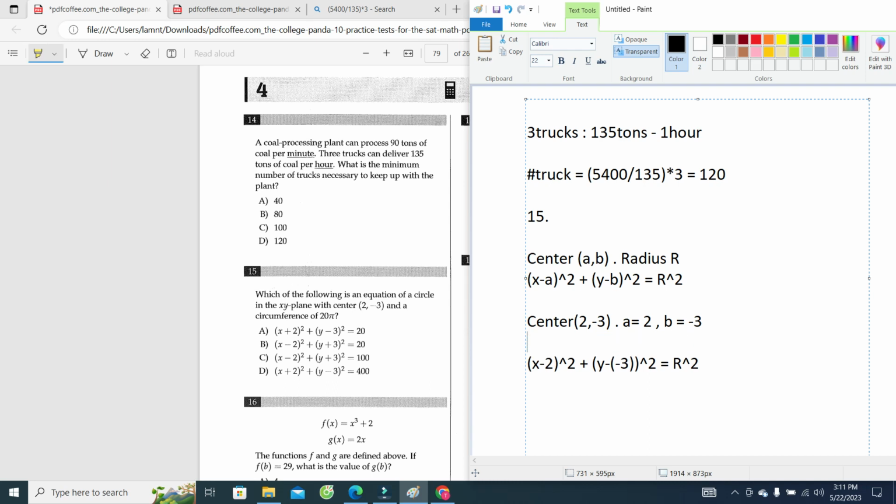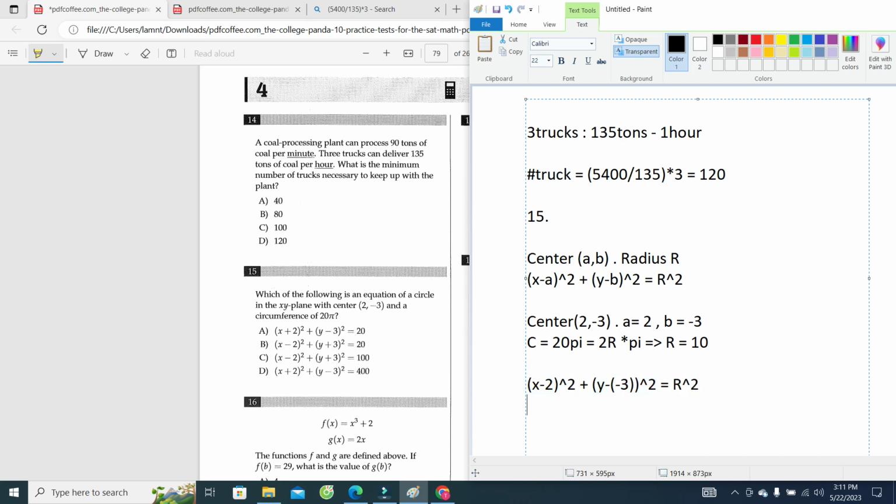Now we know that the circumference is 25, and the circumference is 2 times the radius times pi. So the radius is gonna be equal to 10. With that in mind, we just have to substitute everything inside here.